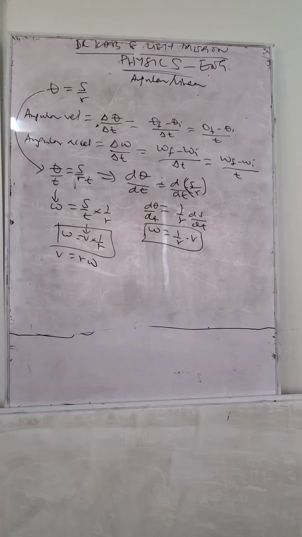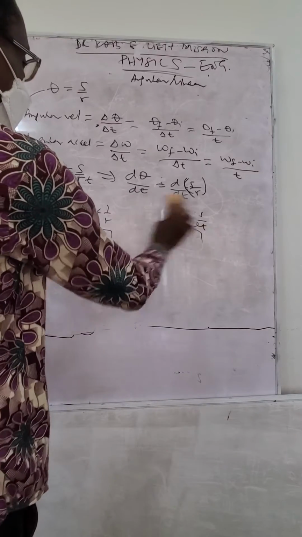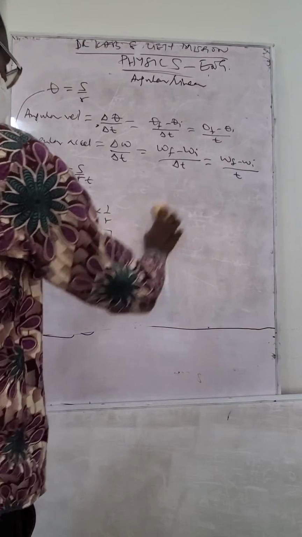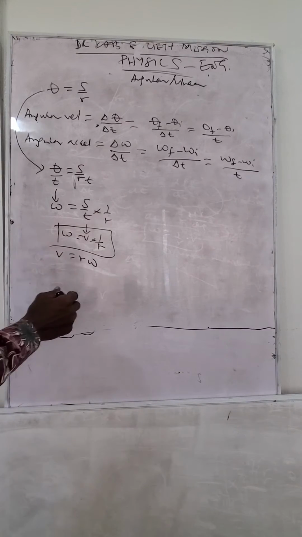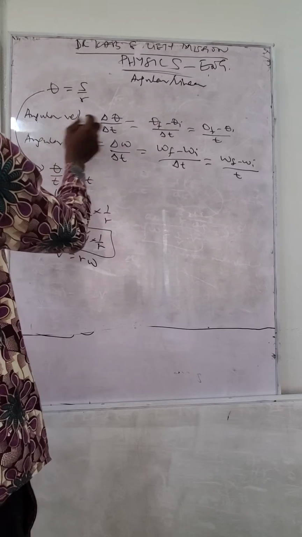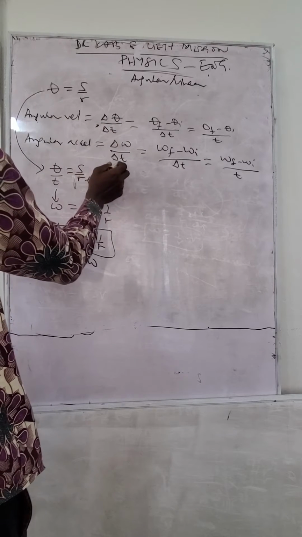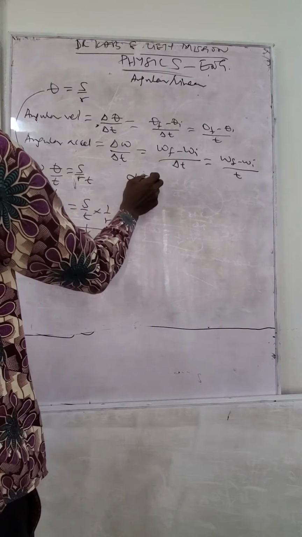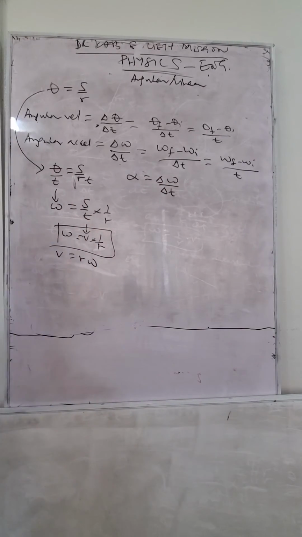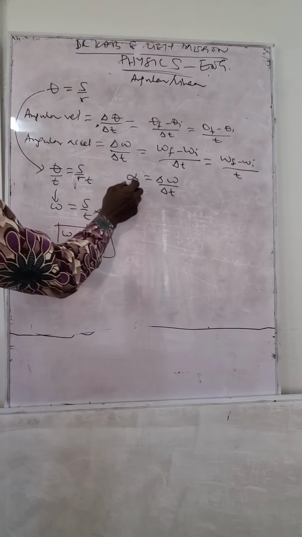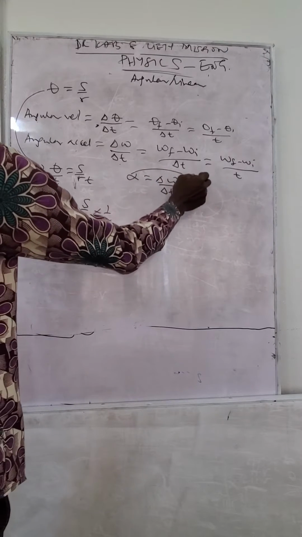Right. So let's look at the angular acceleration part. Now angular acceleration has been given as the derivative of angular velocity with respect to t. Okay. Right. So let's see if we can get an expression that will help us to relate angular acceleration to maybe linear acceleration.